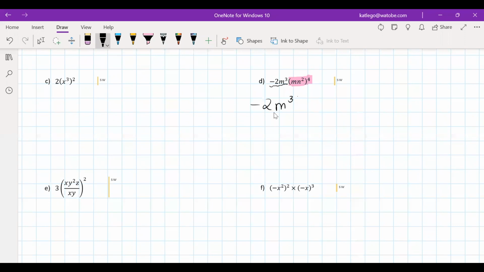Let's work inside the bracket. If you distribute this 4 to this m that's inside the bracket, tell me what I must write. M4, ma'am. Yes, because it's 1 times 4. And then? Then n to power 2.